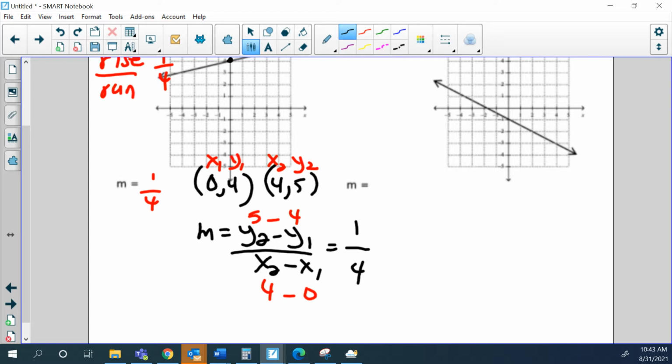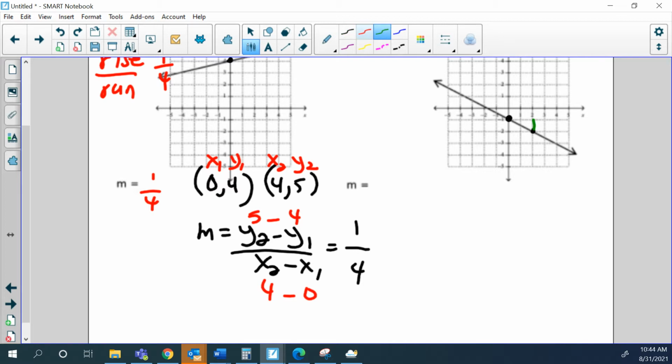I'm going to do rise over run again for this one. Let's pick two good points. I'm going to go with the y-intercept. And then another point I can use is going to be, let's go with this one. It's a good point right here. And so my rise is going to be, I'm going to rise 1.